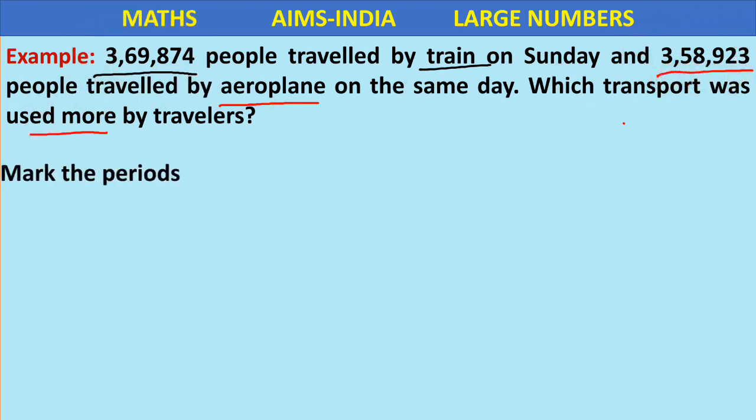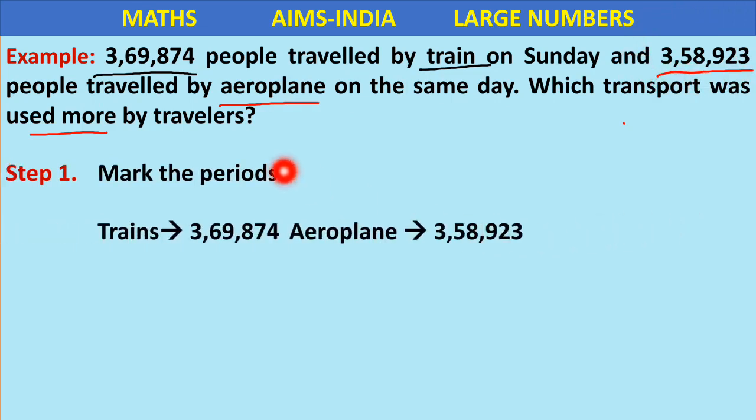Okay children, what will be the first step? First step will be to mark the periods. In the question here they have already marked the periods, but in case they gave you the number simply without putting any commas or marking the periods, first you mark the periods.